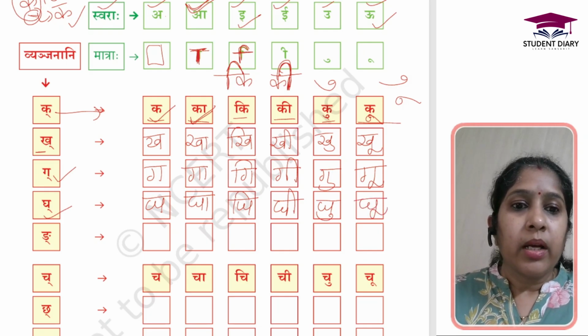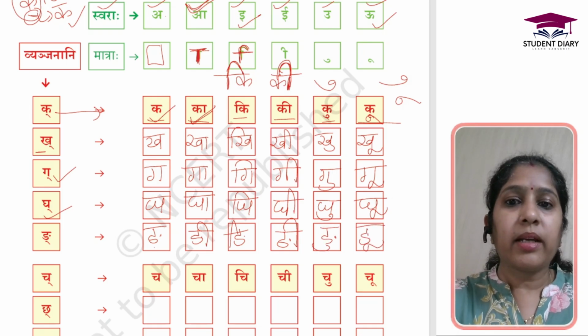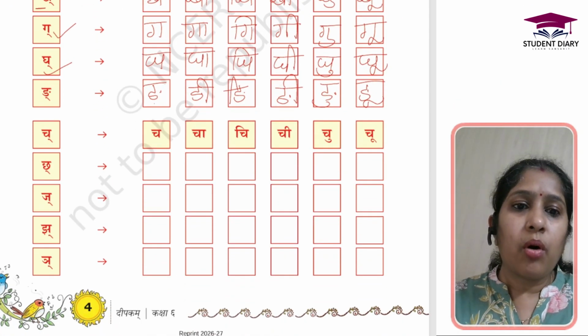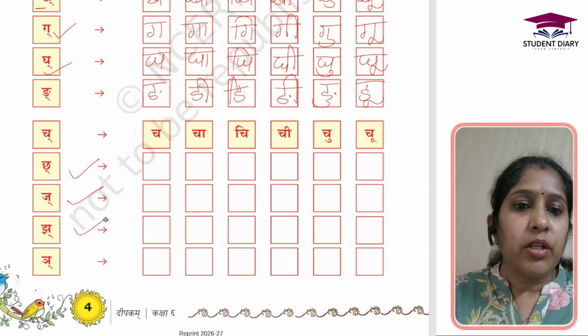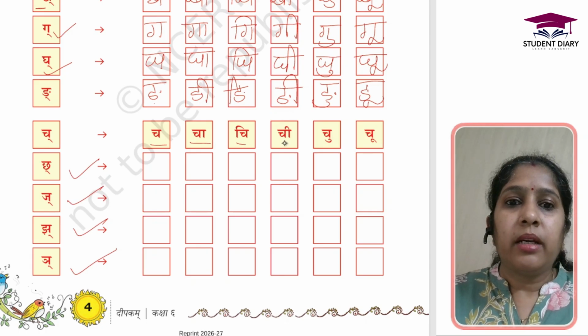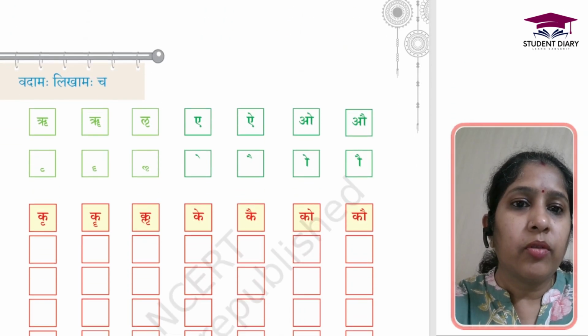Then it is going to be the same with the next letter: ni, nee, nu, noo. Correct? So in that way, you can make it for all the letters, right? I hope everyone can make it for ch, chh, j, jh, and nya, right? Same way like cha, cha, chi, chee, chu, choo. Correct?